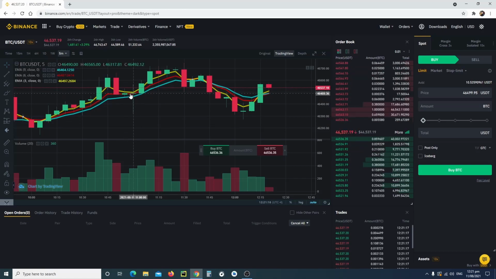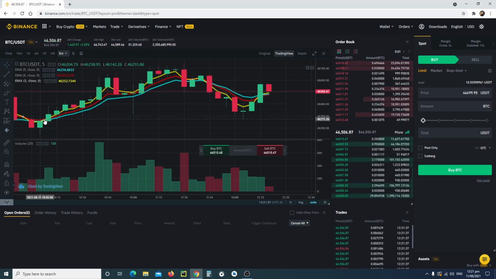So how this will work now is you need to look at the averages, and whenever the yellow line crosses the blue and the red, it'll indicate if the market is going to go up or if it's going to go down. If you notice here, the yellow line crossed the red and the blue, so it indicated that the market was going to go up, and the market did go up.